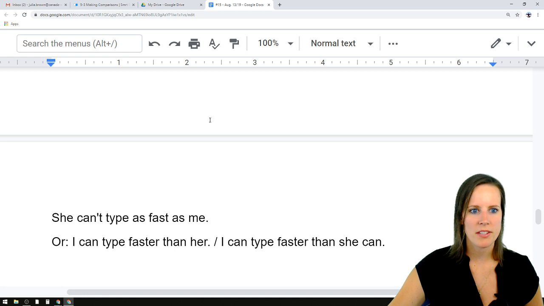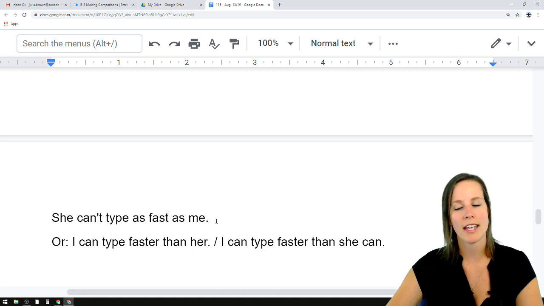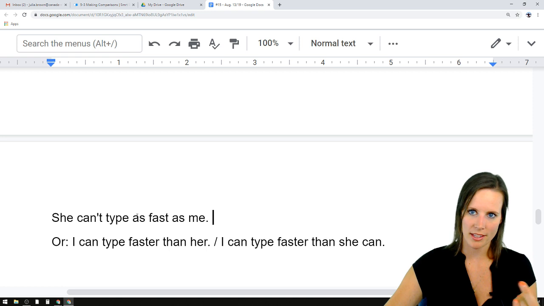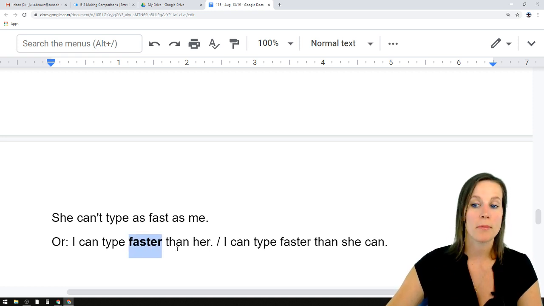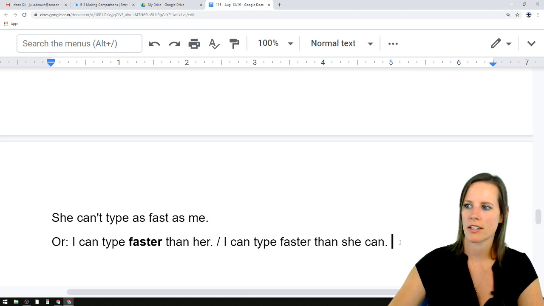She can't type as fast as I can. Yeah, and she can't type as fast as I can. That's another way of using another ending, but in this case you're going to change to the comparative form. I can type faster than her, okay, right? Because you have to change the order.